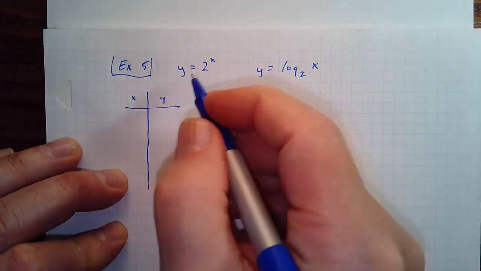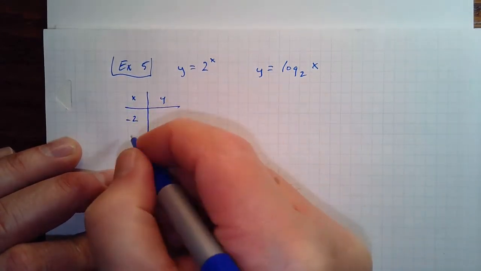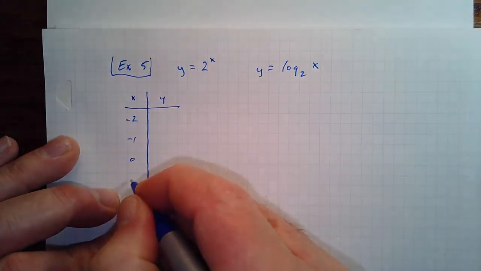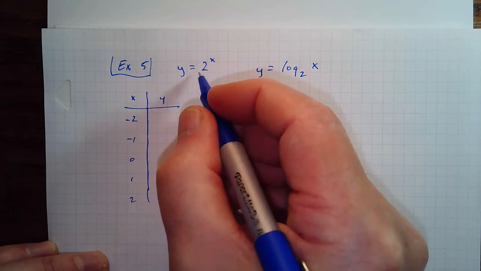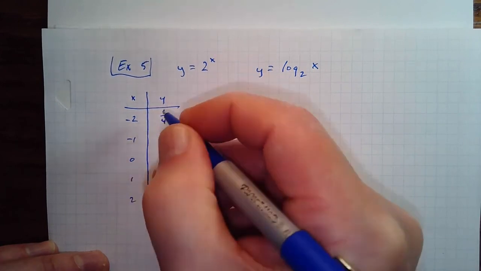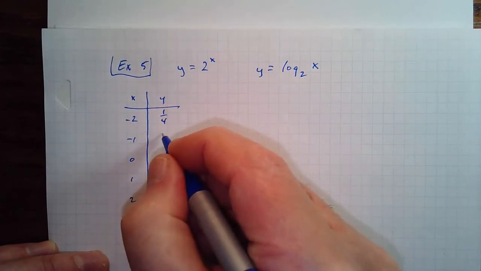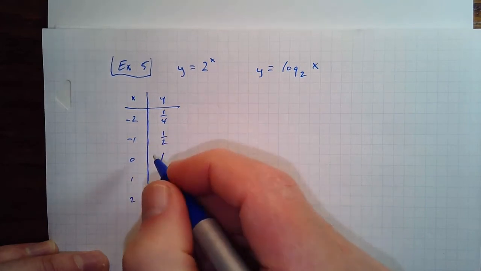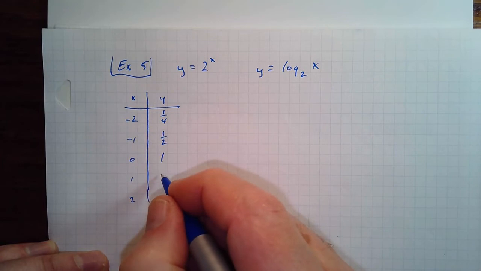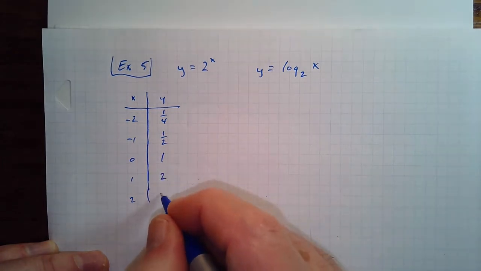Remember, with these exponentials, we definitely want to have some negatives and some positives as we do this. So 2 to the negative 2, that is 1/4. 2 to the negative 1, that is 1/2. 2 to the 0, that is 1. 2 to the 1 is 2, and 2 squared is 4.